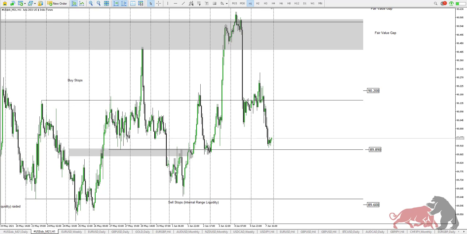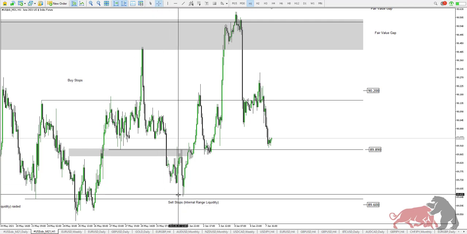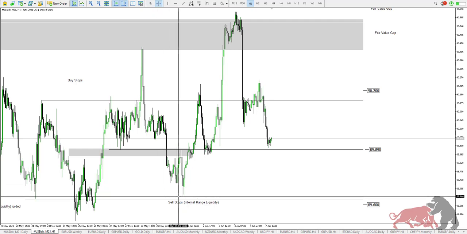Price is likely going to these sell stops down here, the ones that represent our internal liquidity range. These sell stops are located right around 89.64.